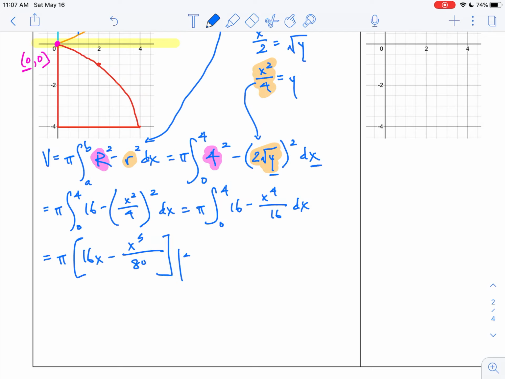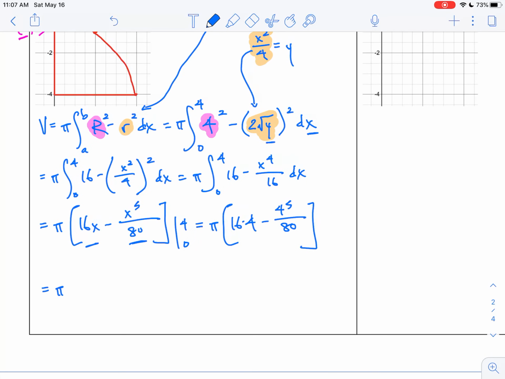And I'm going to drop the line, put a 4, put a 0. Now I can already tell that because I have a 0 as my bottom bound, if I plug in 0 here, it's going to give me 0. If I plug in 0 here, it's going to give me 0. So I'm not going to write out that minus 0 part. I'm just going to plug in the 4, okay? So pi times 16 times 4 minus 4 to the 5th over 80.